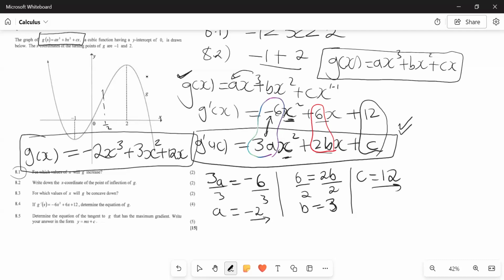For us to get our y-intercept, we need to first substitute the x value without deriving. And to get our gradient, we need to derive first, and then substitute the x value, right? So let's do that now.